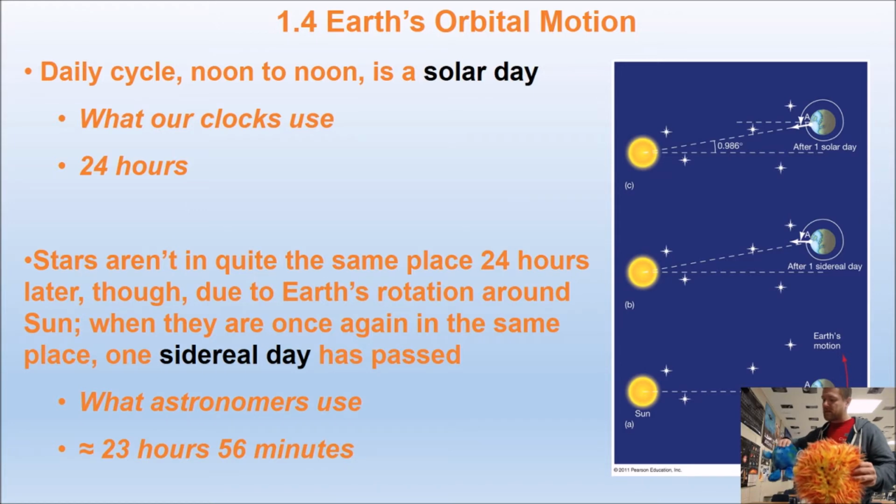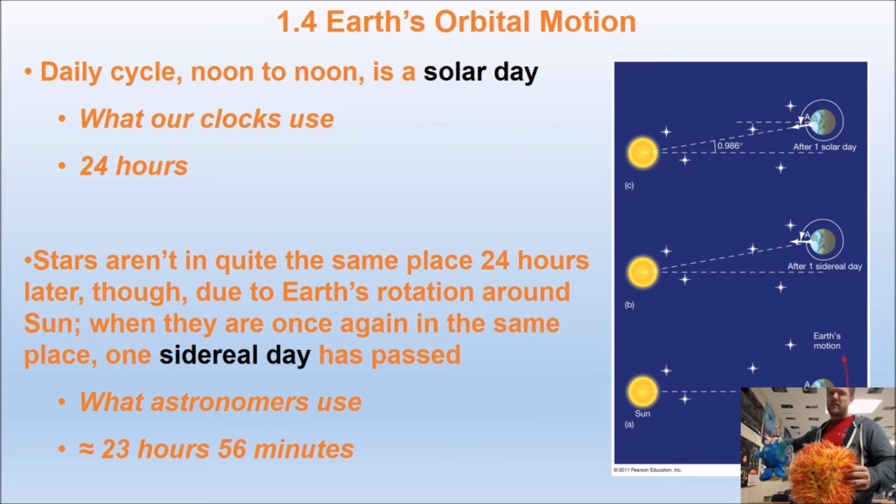The problem is that his little nose is not pointed back at the sun. So what would have to happen is he has to turn just a little bit more to get his nose pointed back at the sun. That's 24 hours. So we have a 360 degree rotation.